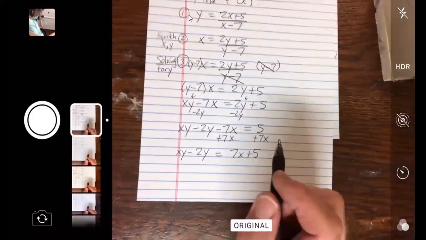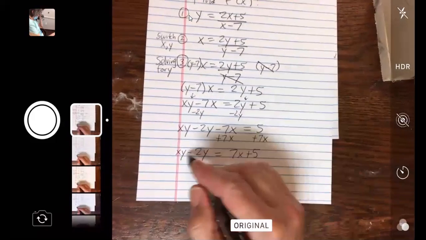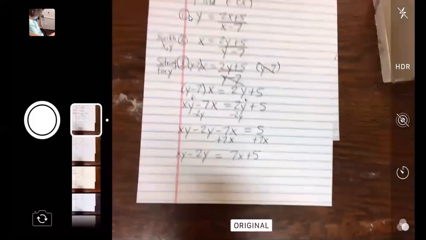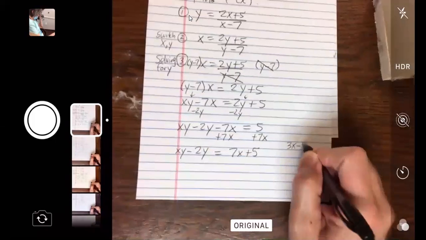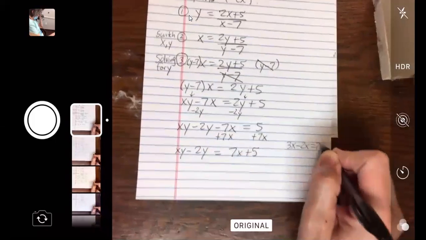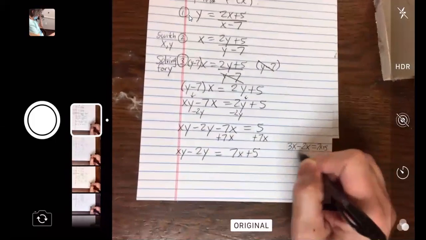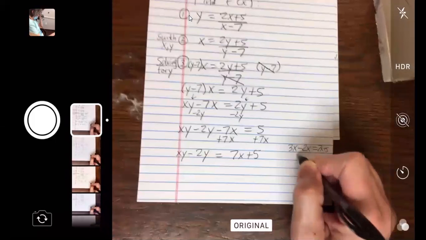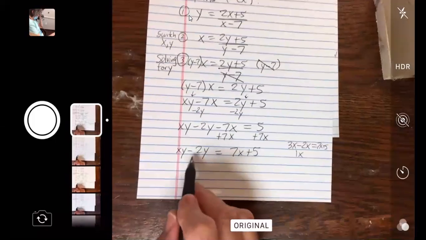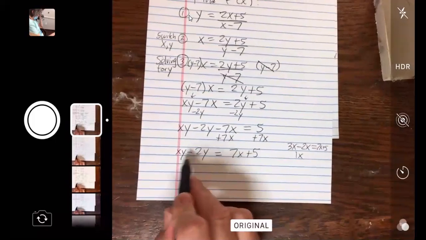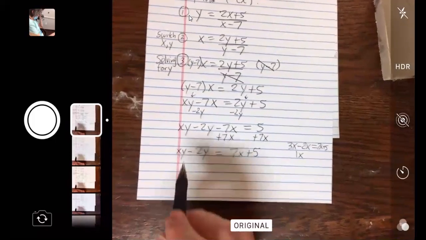So far. Okay, so I'll just point out that this is where it gets strange, that you're not used to. If it was like 3x minus 2x equals 7x plus 5, say, you would combine those. Those are like terms. You'd get 1x, right? But you can't do that here. These are completely unlike.